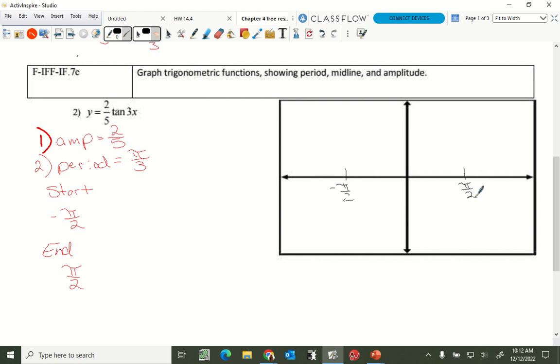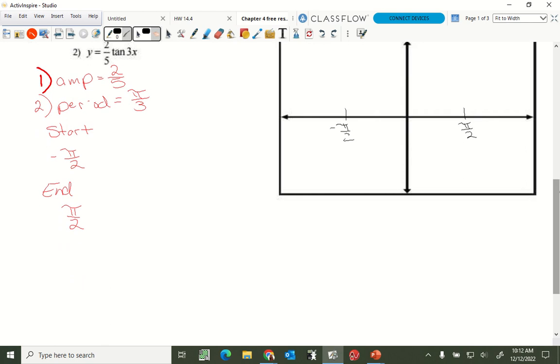And let's find those parts in between. So it's going to be period divided by 4. My period in this case was pi over 3.